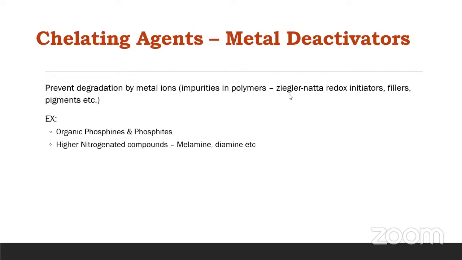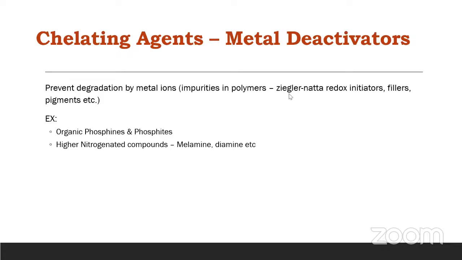Then chelating agents, again which I have just mentioned, preventing degradation by metal ions. So these metal ions are nothing but the impurities in polymers which are formed as a result of the polymerization process.